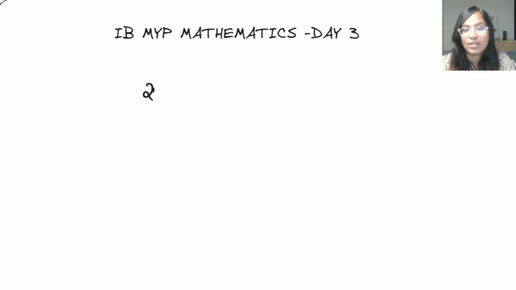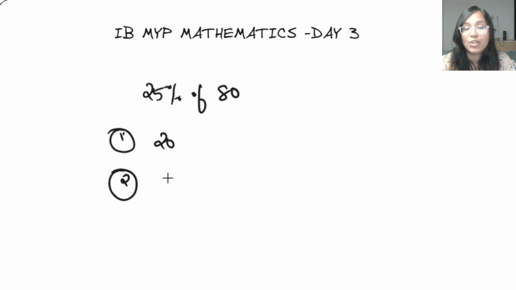Student 1 writes, the answer is 20. Student 2 writes, 25% of 80 means 25 by 100 of 80.